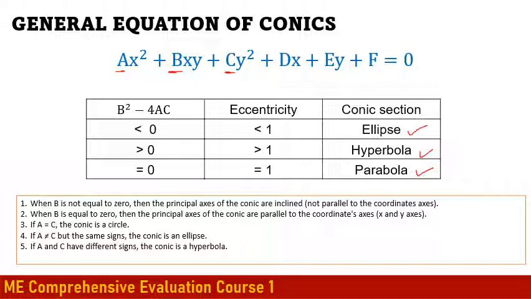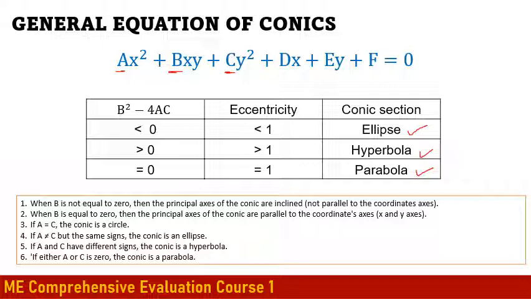So that's how you can get the kind of conic section being described, by inspecting the values of the coefficients of x squared and y squared in our general equation. On the other hand, if either a or c is 0, the conic is a parabola.